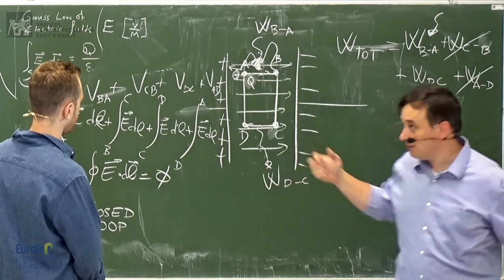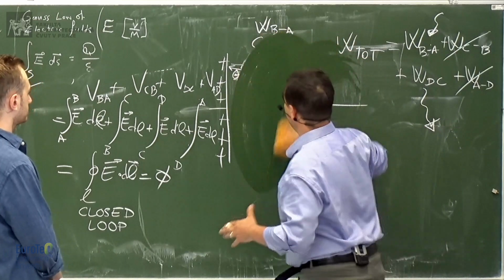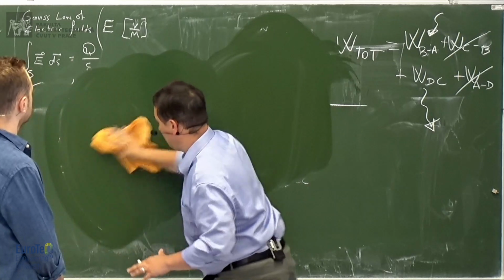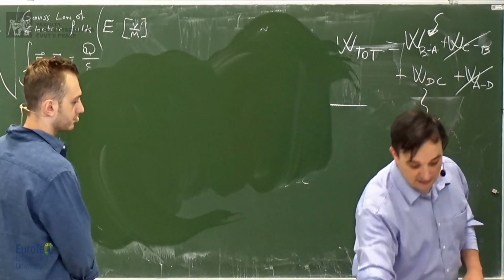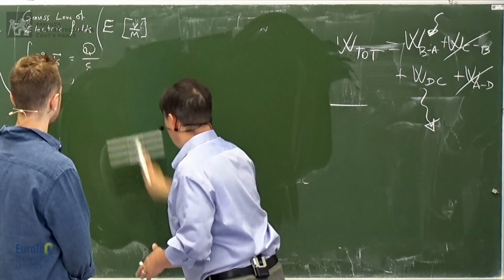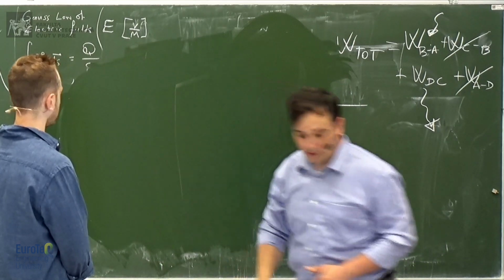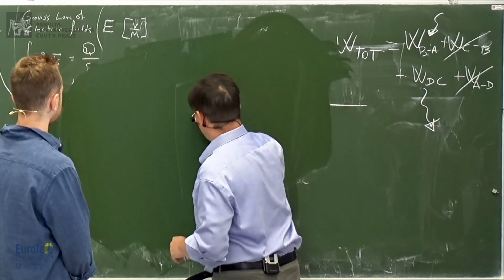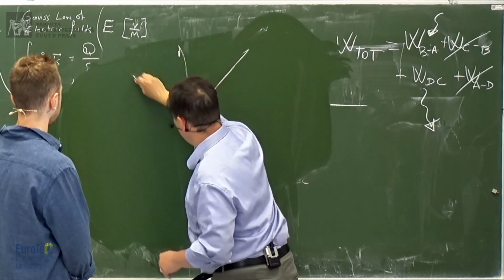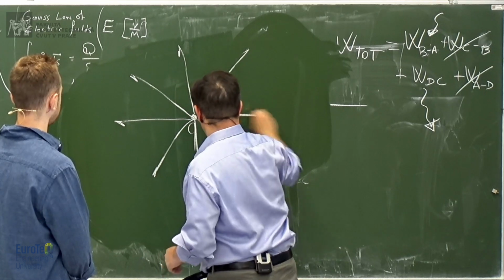I was starting this example with the field generated by a point charge instead of an electric capacitor. But in fact, it applies also with the electric field generated by a charge. Let's say that you have a charge here, Q. It's positive, so it generates a field in this direction.